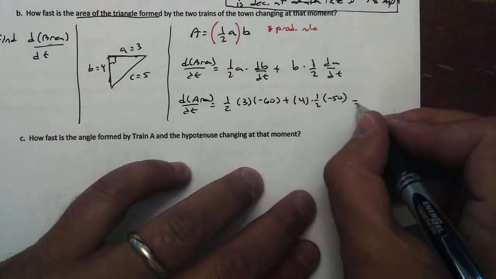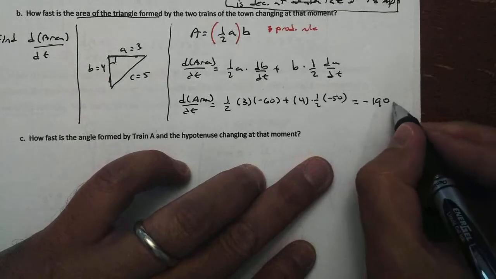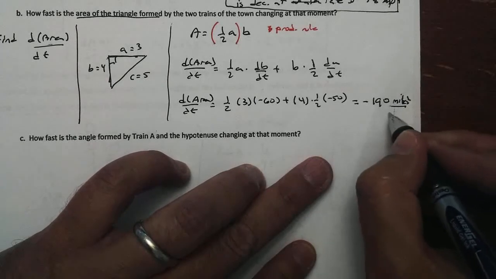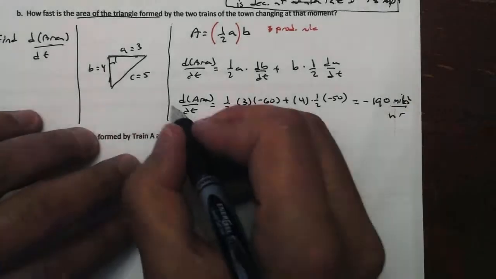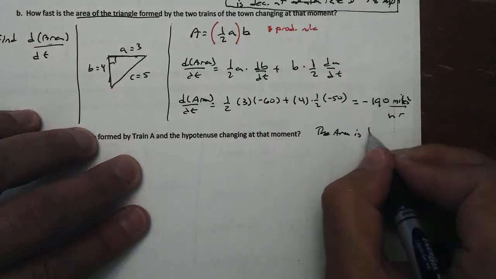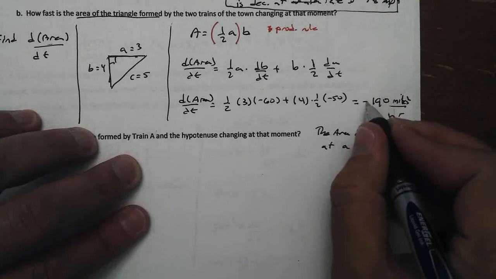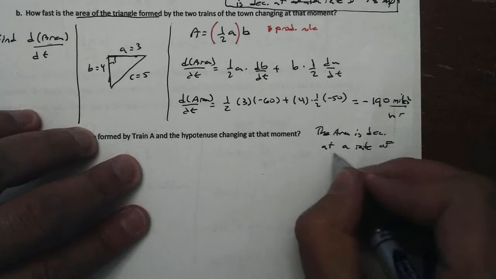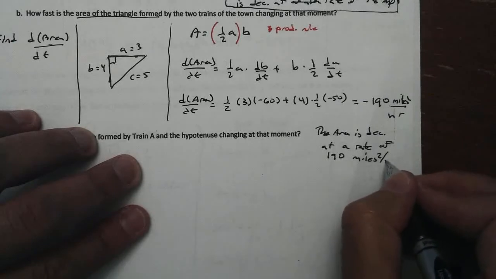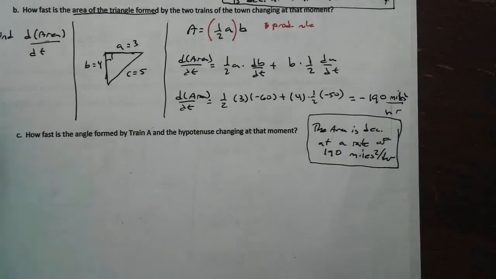And if we simplify all of this, you're going to get -190 miles squared per hour. So we would say the area is decreasing at a rate, again, it's decreasing because it's negative, of 190 miles squared per hour. And that would be our answer right there.